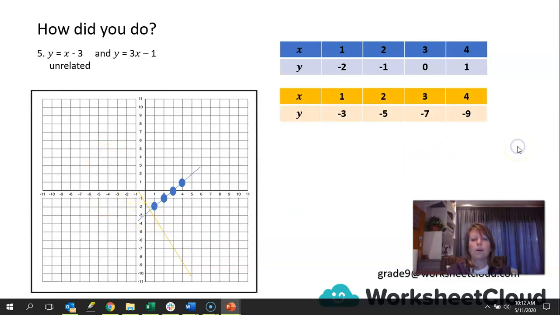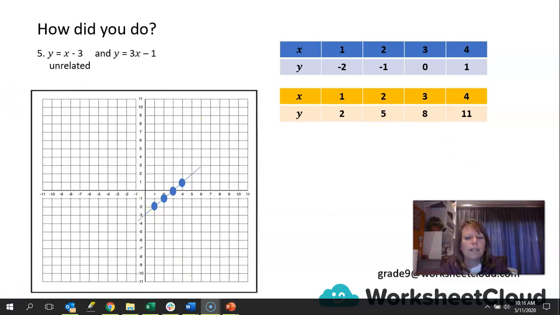Okay, the yellow graph, 1, 2, 3, 4 for x. We plug that in. 3 minus 1 is minus 2 should be. That's right, yes. 6 minus 1 is minus 5. That point is right. 3 minus 9, sorry, minus 1 is minus 8. Let's just fix this.